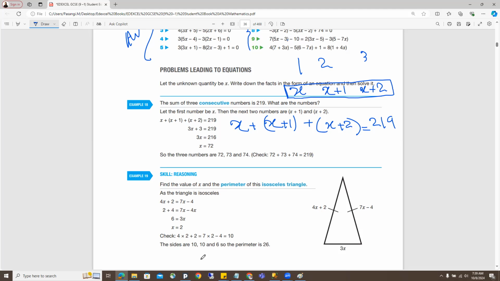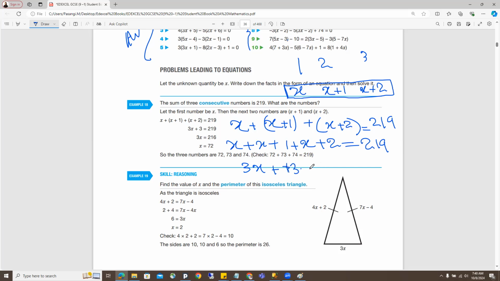Yes, miss. Now you know how to simplify and solve, right? Here we don't have a value, that means x plus 1, and if we remove this bracket, it will become x plus 2 is equal to 219. Then all three x's give 3x plus, 1 plus 2, that is 3.